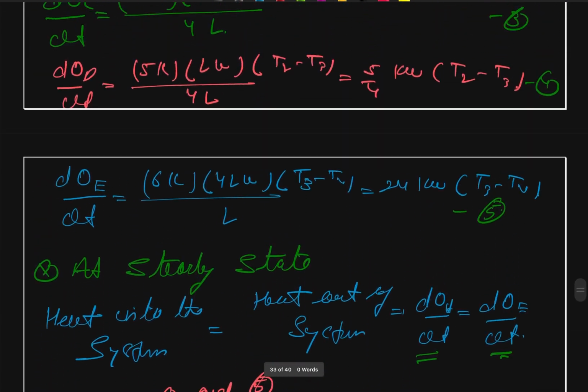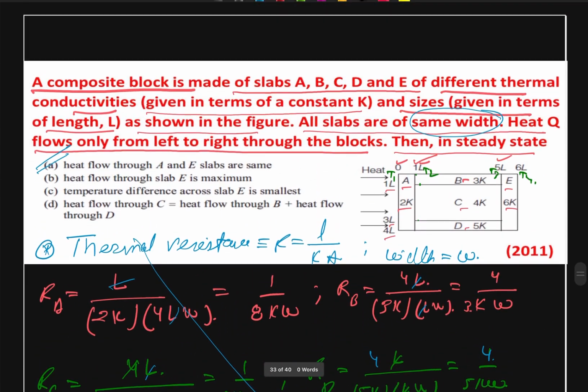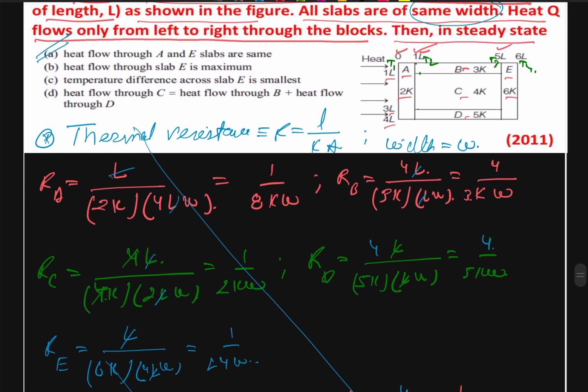So what are the options? So we can say that heat flow, the temperature difference across E is smallest. Heat flow through slab E is maximum. This cannot be the correct one. The temperature difference across slab E is smallest.